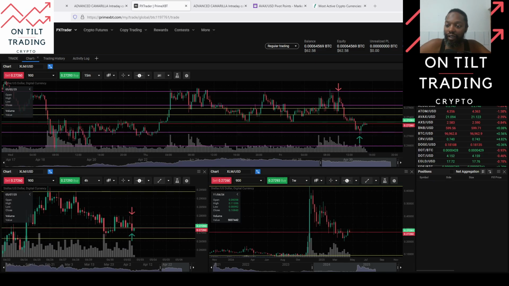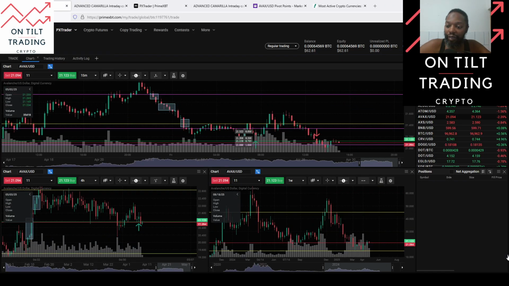And then today, additionally, I took one other position. That position was in Avalanche. I took that position here. It made some progress. This is the S3 level, and my trade idea was a traverse to the R3 level, but it failed to reach that level.